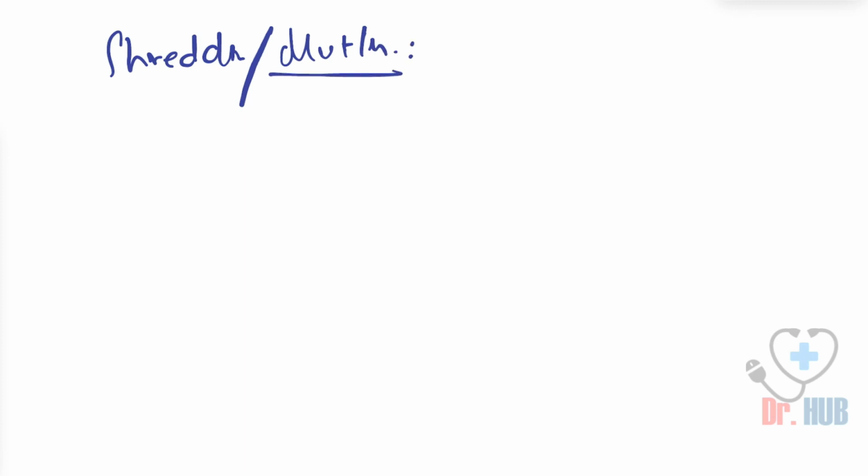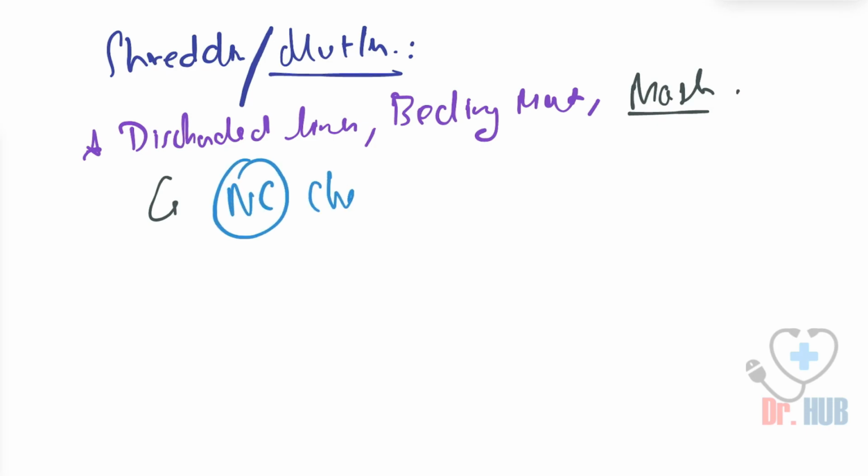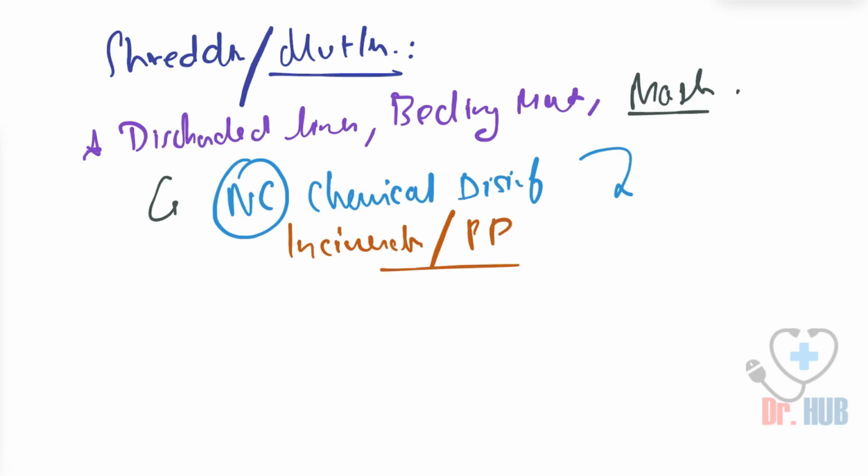Then as we move ahead, we have discarded linens, bedding materials with blood stains, and also routine masks as well as gowns. All this is treated by non-chlorinated chemical disinfection, followed by incineration, plasma pyrolysis, or energy recovery.